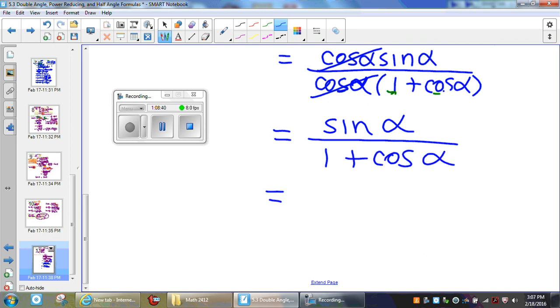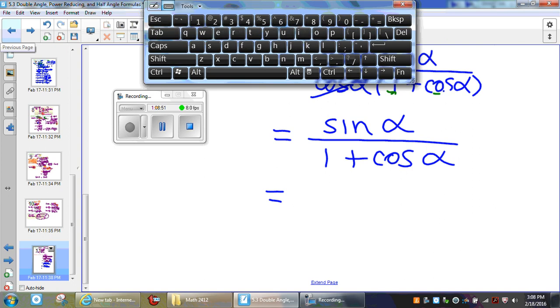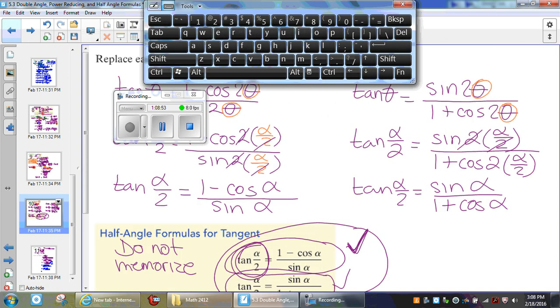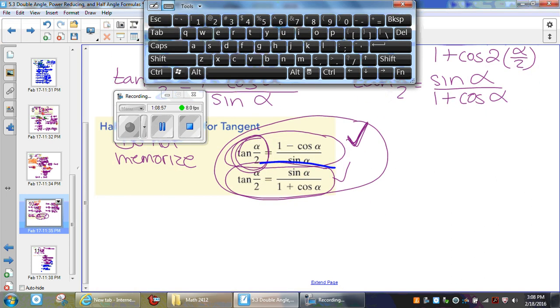And so if you look at your previous formulas, so let's go 1 slide back. And so we're actually talking about this formula right here.